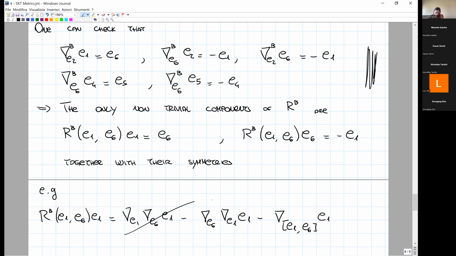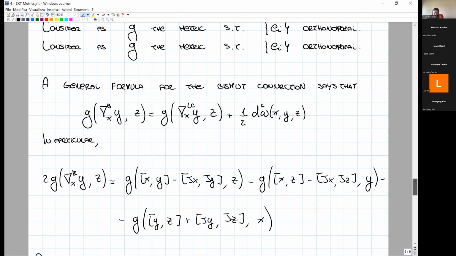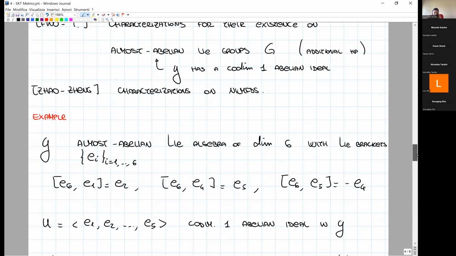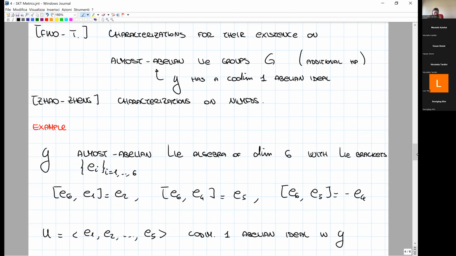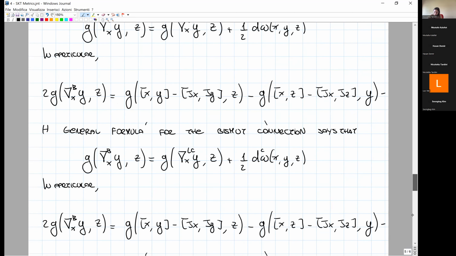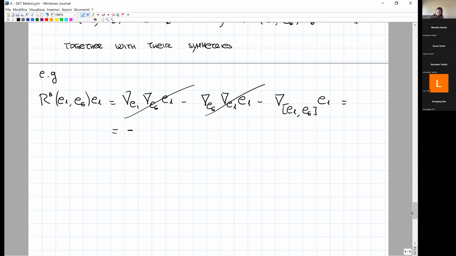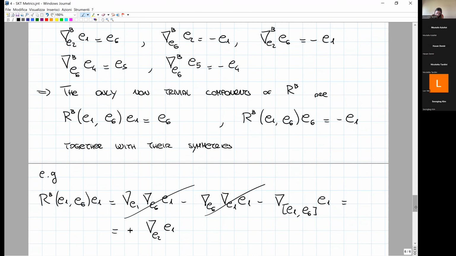Same for nabla_{E1} E1, which is 0. So we are left with minus nabla of the bracket of E1, E6, and the bracket of E1, E6 is minus E2. So we have a plus here, nabla_{E2} E1, and nabla_{E2} E1 is E6.